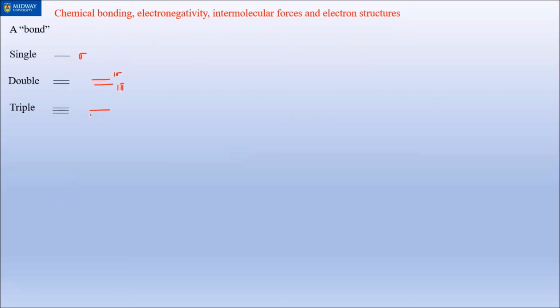And in a triple bond, you have 1 sigma and 2 pi bonds. So the common recurring theme is that all compounds, irrespective of what the compound is, contain a sigma bond, but whether they contain a pi bond or not is different. This is very, very important.